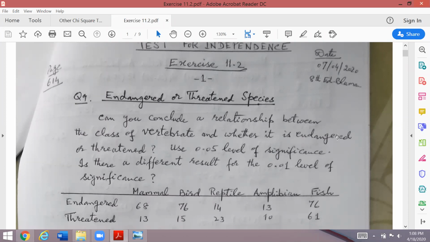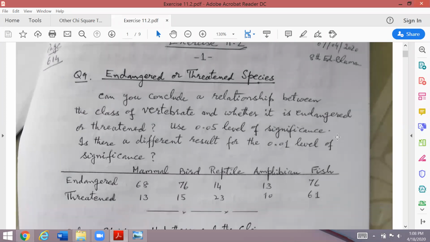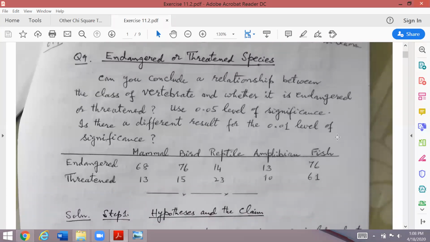The data which is given to you is this one. Either these are mammals, birds, reptiles, amphibians, and fish, and the endangered species, and then the threatened species. The data are written in rows and columns. I told you this will be in the shape of a matrix.